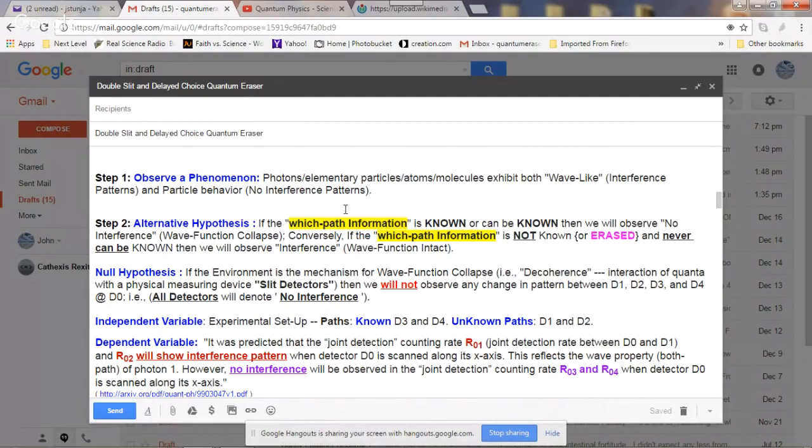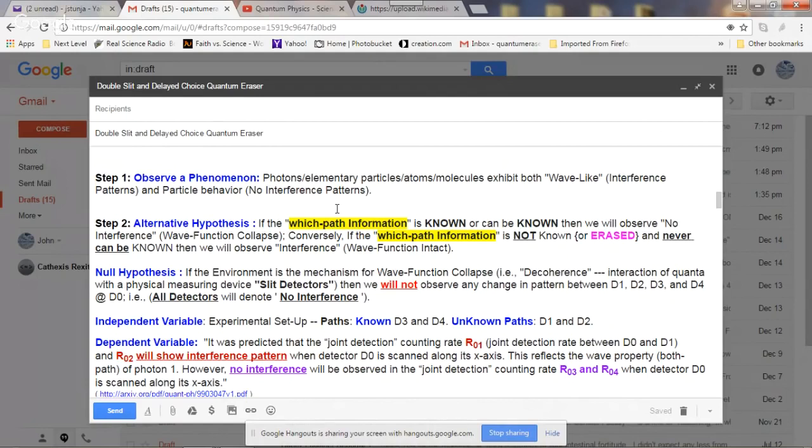Step one, observe a phenomenon. Photons, elementary particles, atoms, and molecules exhibit both wave-like behavior, that's interference patterns, or particle behavior, that's no interference pattern. Step two, whenever you have a hypothesis test, you always have two hypotheses: one's the alternative and one's the null.